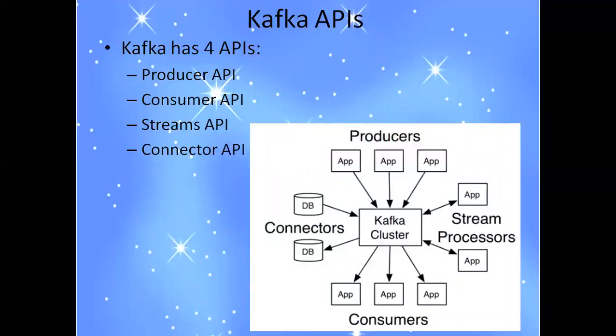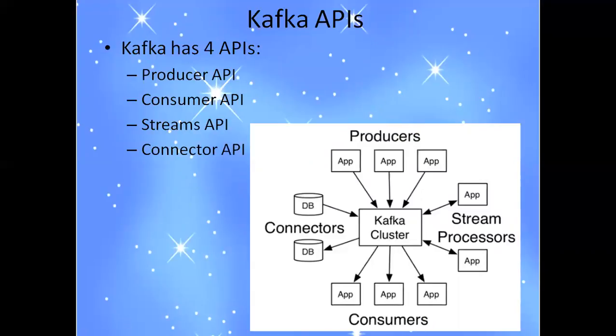So Kafka has 4 APIs. If you have a Kafka cluster, and if you created a topic, you can have producers. So you can use the API to produce messages to the topic. And connectors are basically a way to stream your data into Kafka from a database.